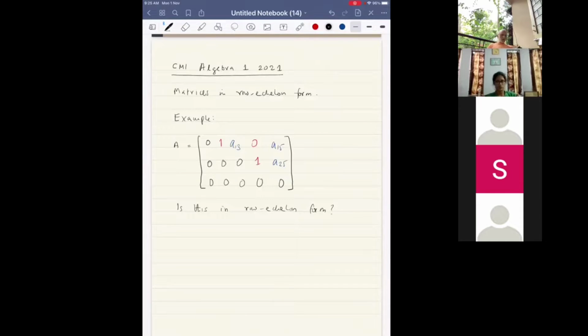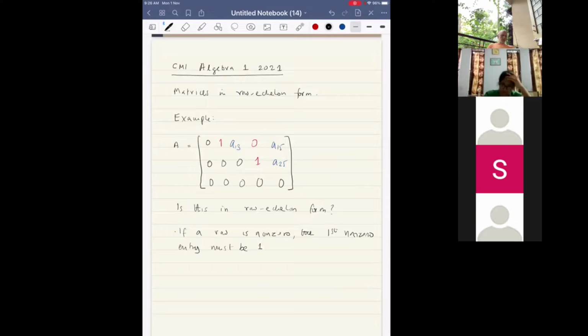The first non-zero, if a row is non-zero, the first non-zero entry must be 1.